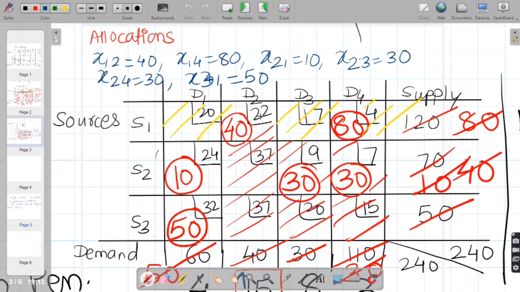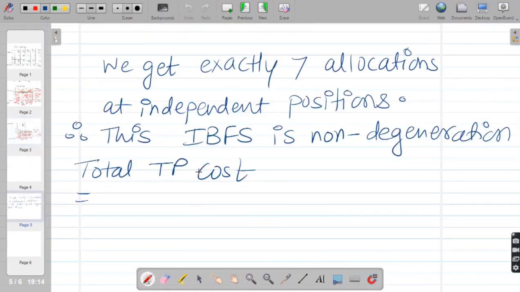So 22, our first allocation is done in the cell where the TP cost is 22. That means for one unit of product, the transportation cost from S1 to D2 is 22 rupees, and we are transporting now 40 units. So that cost becomes 40 into 22.